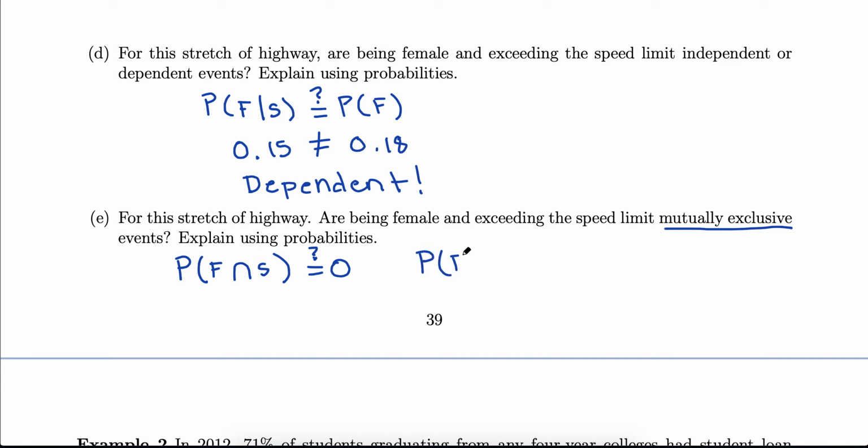So probability of female and speeding, we found that earlier, was 0.1335. Of course, there's females who are speeding while they drive. That may have been some of us before. Not admitting to anything here. But female and speeding, sure, there's overlap that can happen. So they're not disjoint or not mutually exclusive.